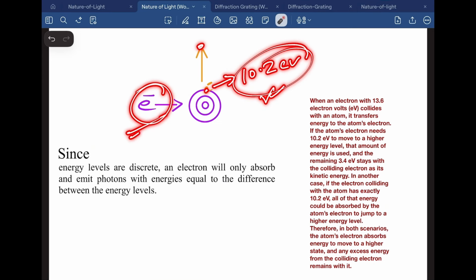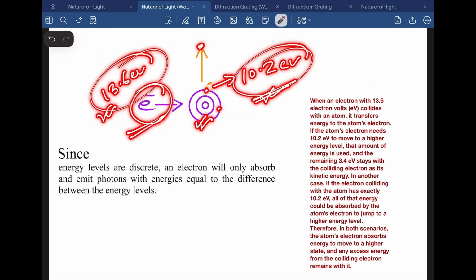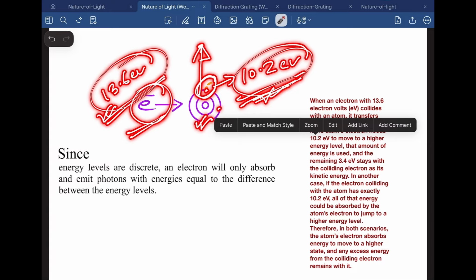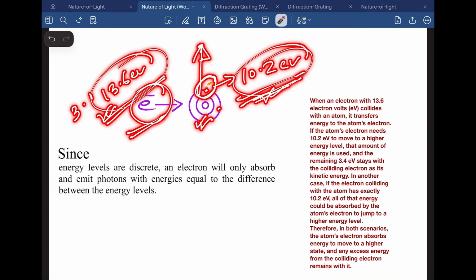But the colliding electron has 13.6 electron volt. So when it collides with the atom, the electron inside the atom will only take 10.2 electron volt from it and move to the higher energy level. The rest, 3.4 electron volt, will be left with the colliding electron as its kinetic energy.